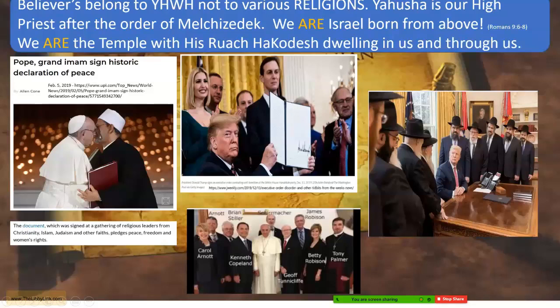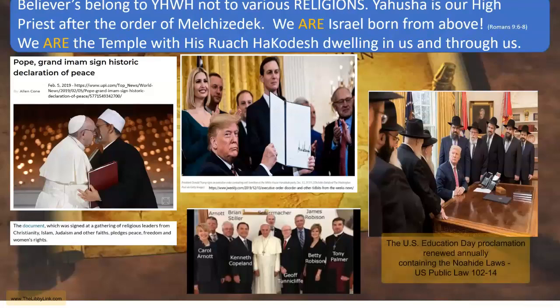And then we see this annual event that takes place in the Oval Office of signing the National Education Day that has within it the Noahide laws. So as I shared before, that's been signed by 7 presidents since Jimmy Carter, and it was snuck into U.S. law, Public Law 102-14, in I believe 1991 or 1992.